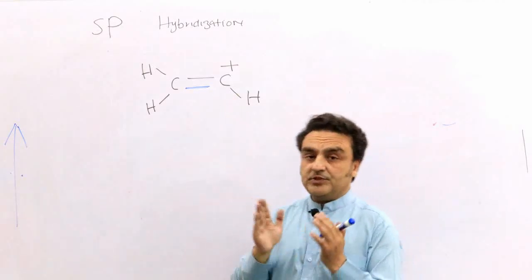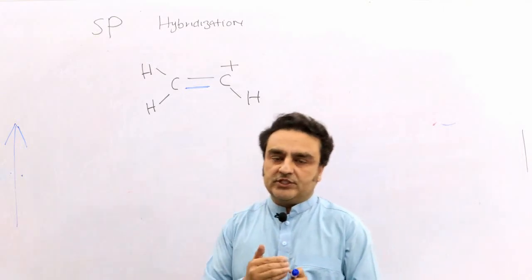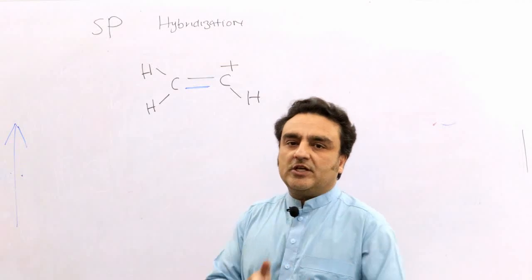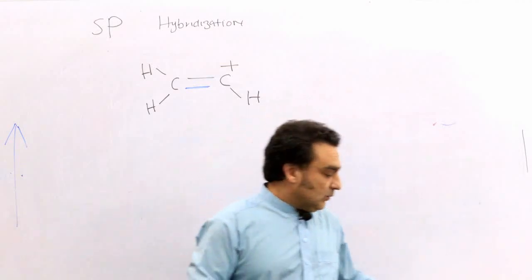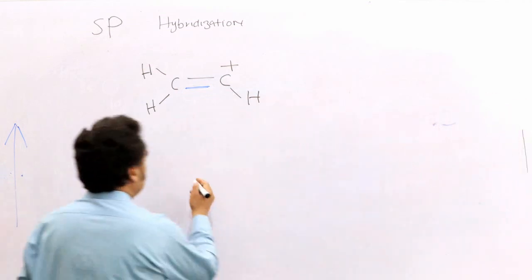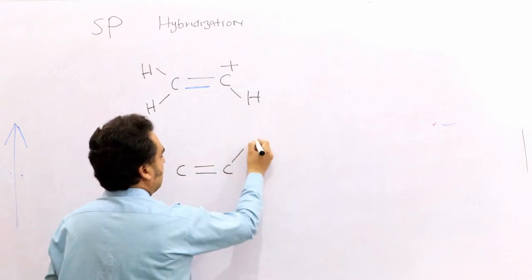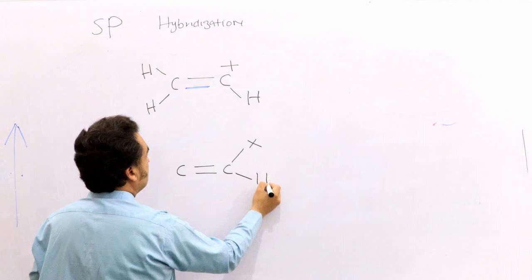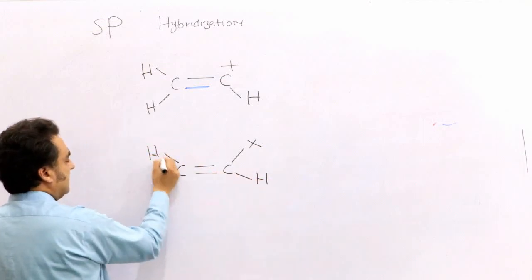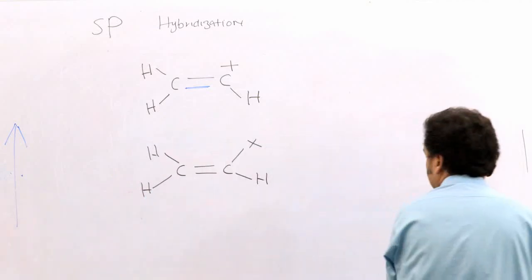It seems like an sp2 hybridized orbital, but before looking at it, we need to go into a little bit of detail. What is the detail? Suppose, first of all, let's assume that this molecule is formed from this molecule, C, X, H, NH, and another H. What will happen now?